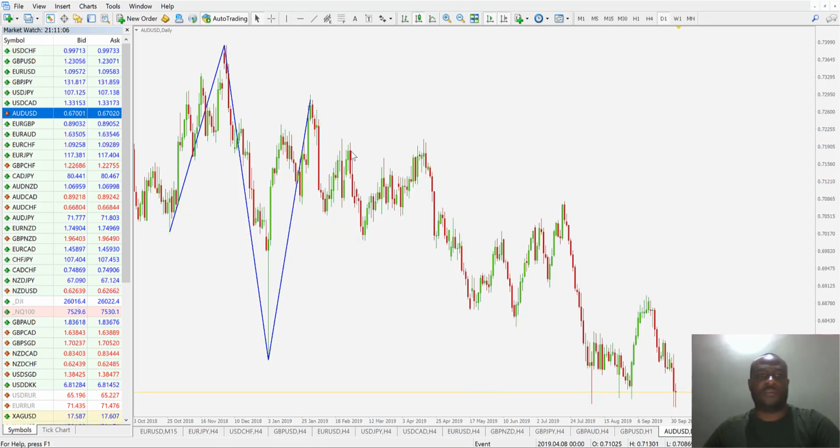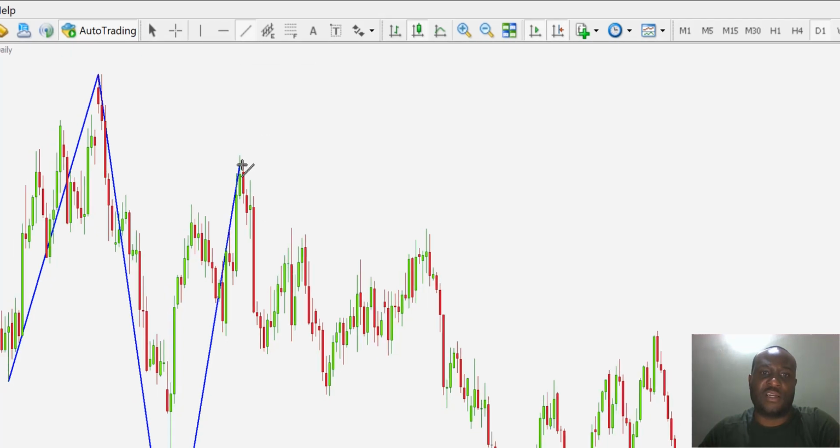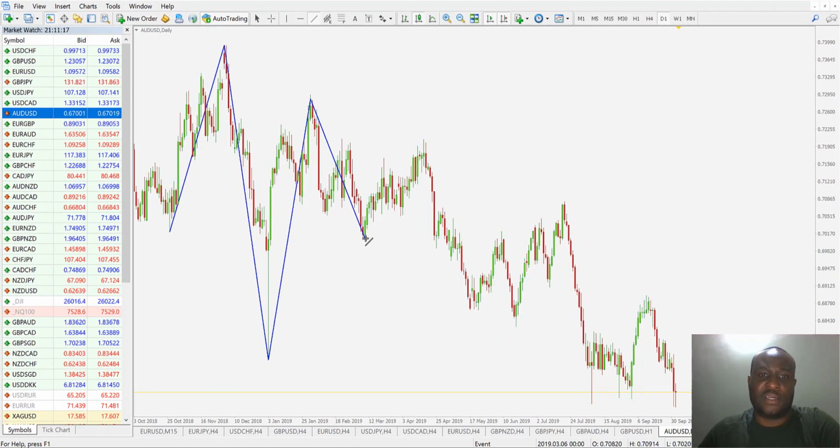Oops, I want the trend line. Remember that you've got these 3 lines here, so that's the vertical line, horizontal line, and a trend line. So you take the trend line, and I want that down there, and I want that up there. You can see what price is doing.